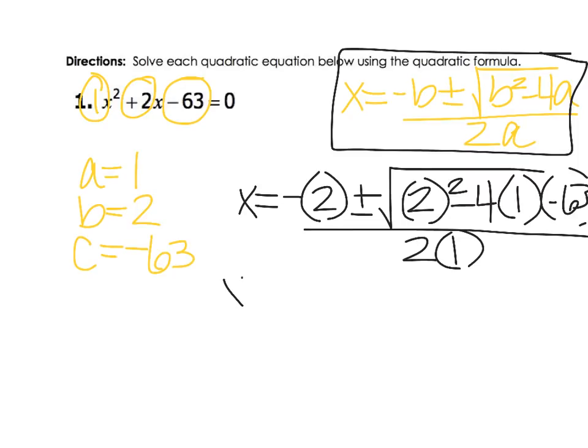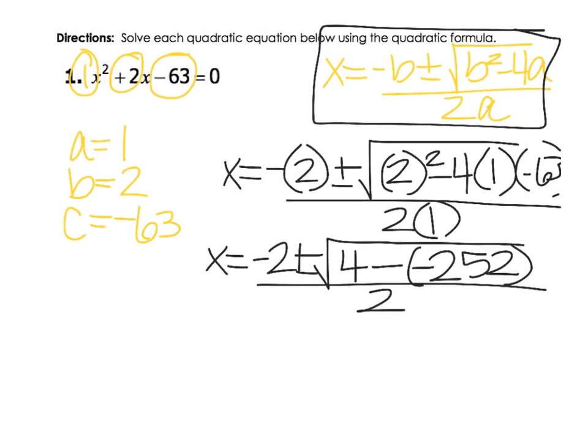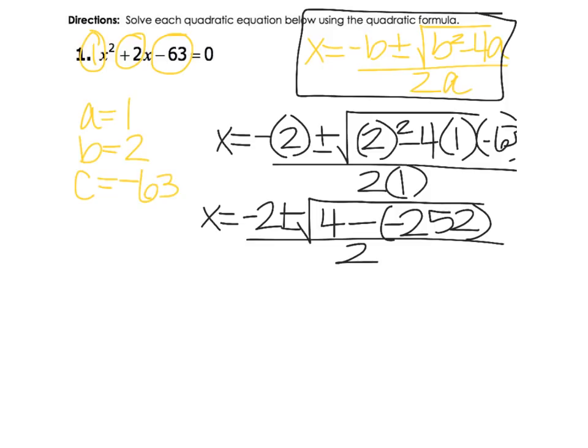So we end up with x equals negative 2 plus or minus the square root of 4 minus, now 4 times 1 times negative 63 is going to give us negative 252. So minus negative 252 all over 2. All right, give ourselves some more space here to keep simplifying.